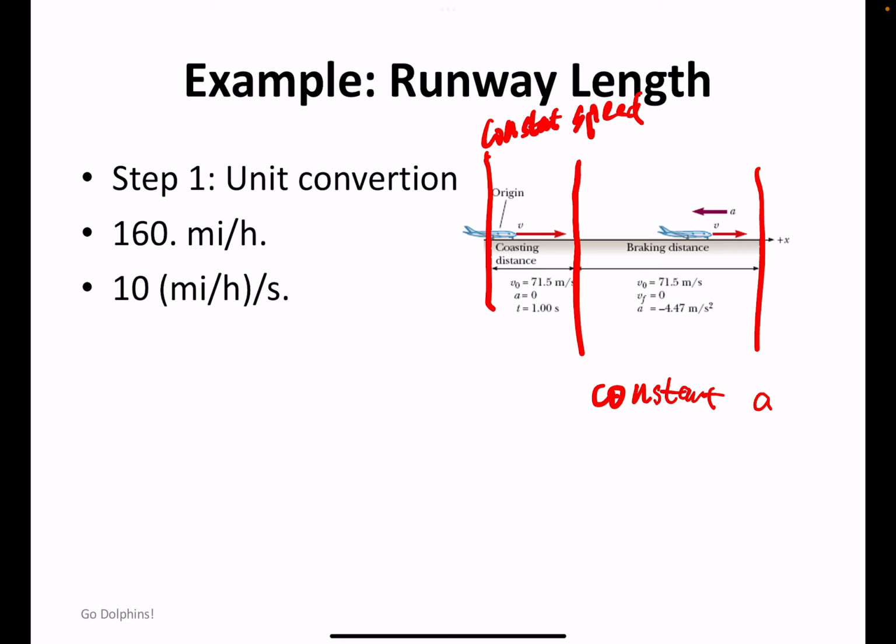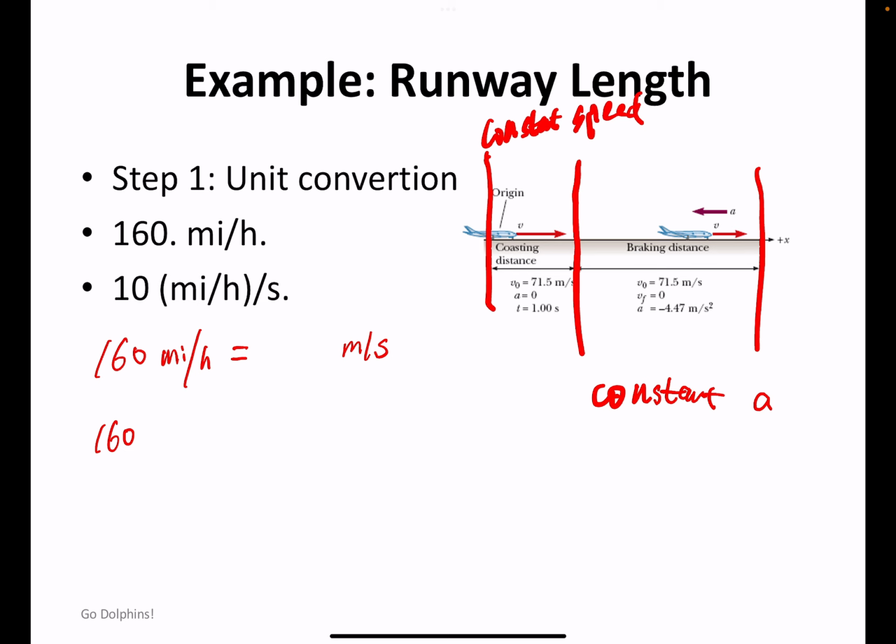We want to change everything to SI units before we do the calculation, to save a lot of hassle from the beginning. So how to do this? We want to convert to meter per second. I do want to do it one more time, even though we did an example on this from chapter 1. Let's do it one more time.